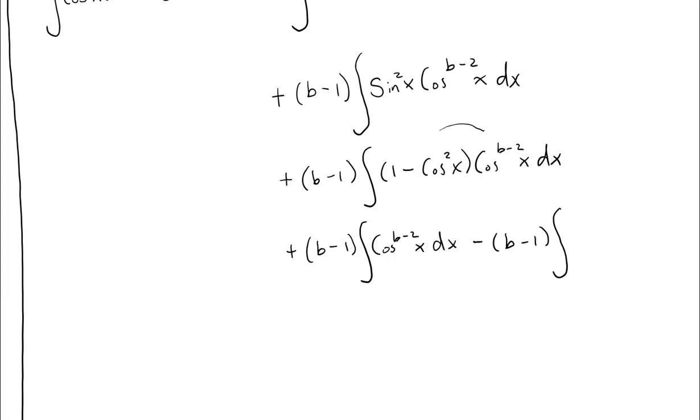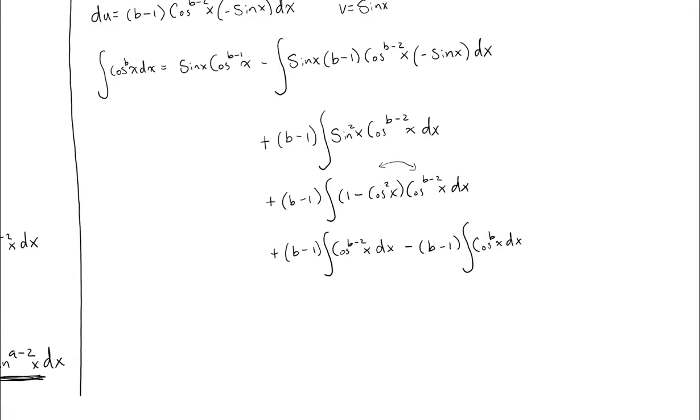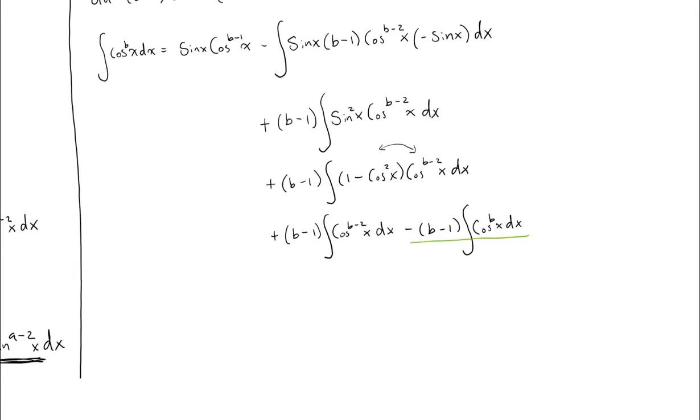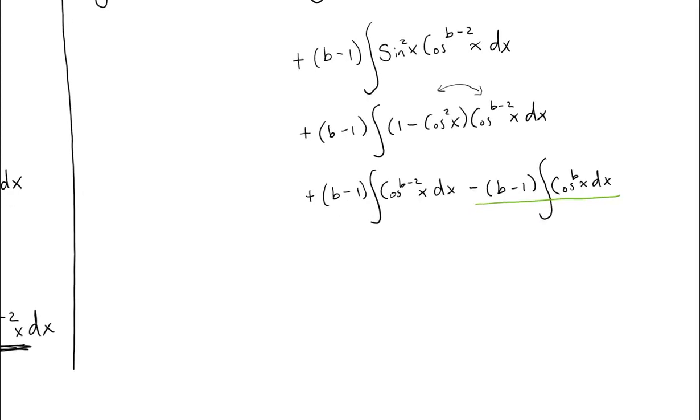Well, when we multiply these two together, the 2's will cancel out, and we'll get a cosine to b of x dx. Just like in the last example, we will add this over, and then we will solve for the integral of cosine to the b of x dx.